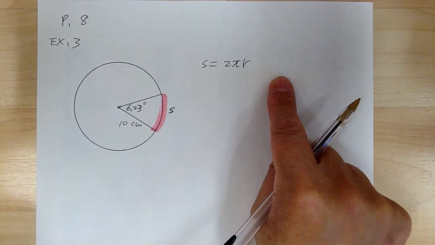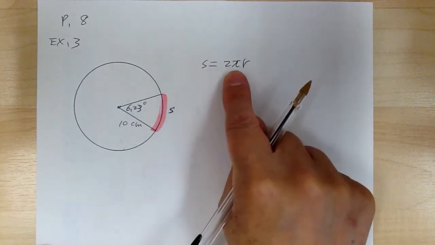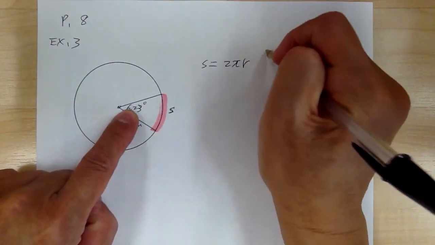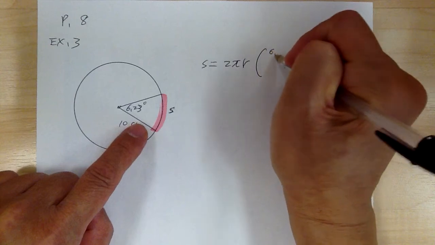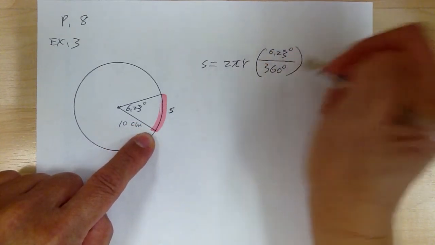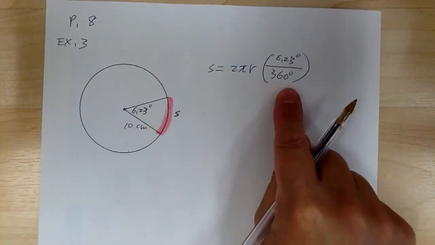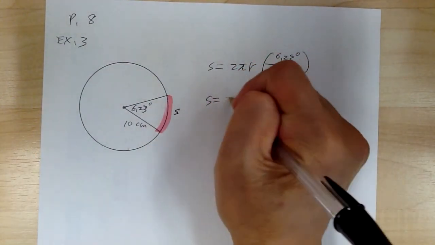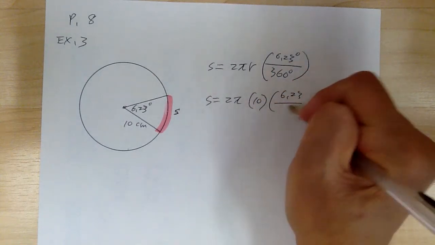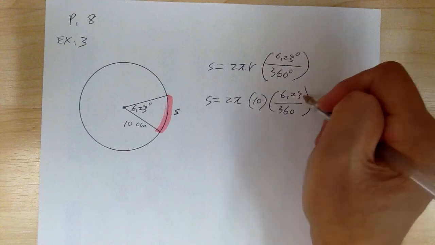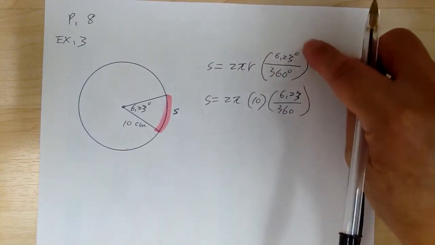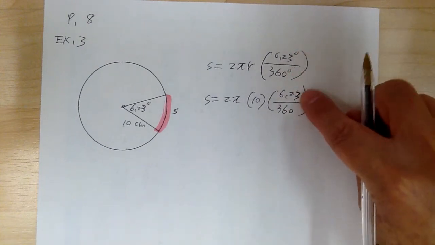That way we reduce a lot of mistakes. 2 pi r is the entire circle, but I only want 6.23 degrees out of the 360 degrees. The radius is 10. Now you can show your work. Notice I already canceled out the degree with the degree, so that's why it's no more.